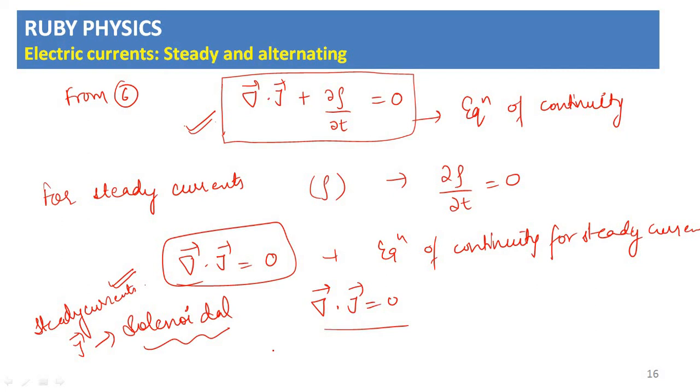This pattern of the current density is fixed in space and does not vary with time. It maintains a fixed value at each point, and it may vary from point to point. Hence the vector J is a static field in spite of the motion of the electric charge.